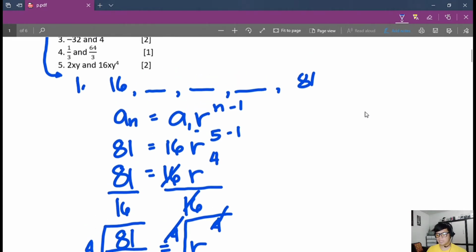So 16 times 3 halves, 24. So 24 times 3 halves, 36. 36 times 3 halves, 54.